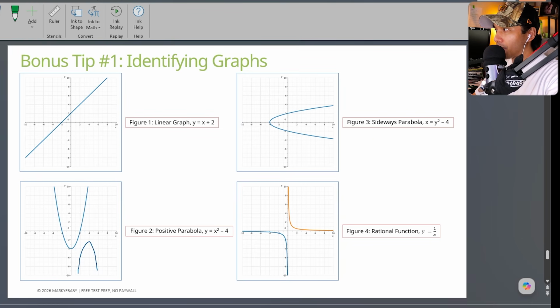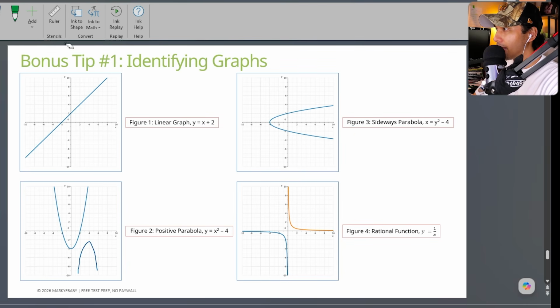A sideways parabola where we have x equals y squared minus 4, okay? Then we put a line in between. We see that a vertical line touches 2 points here, all right? So this is not a function, okay? That's all that means.